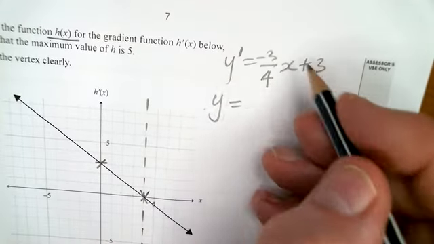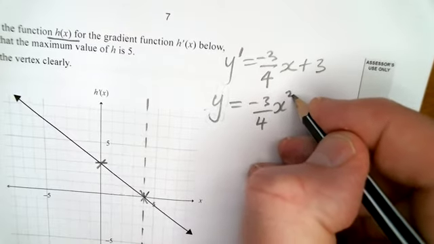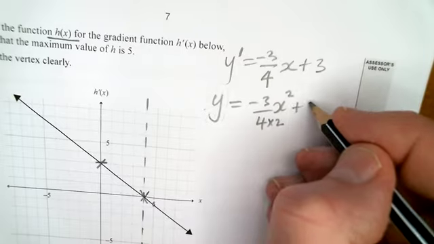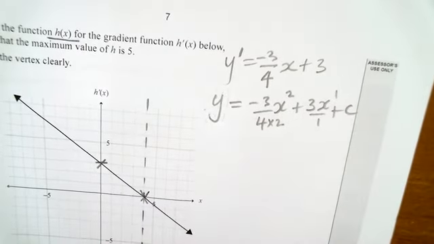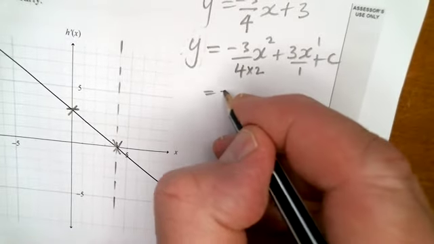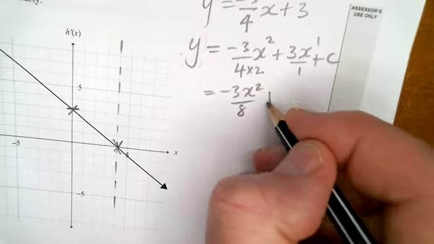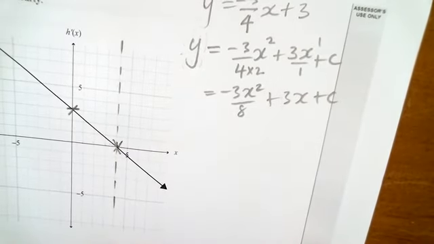So this is going to be negative 3 on 4, x squared times 2 on the bottom, plus 3 times x, plus c. Let's tidy that up a little bit. So this is going to be negative 3x squared on 8, plus 3x, plus c. We don't know what c is, but we do know some things about it.